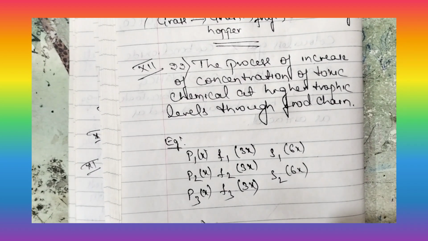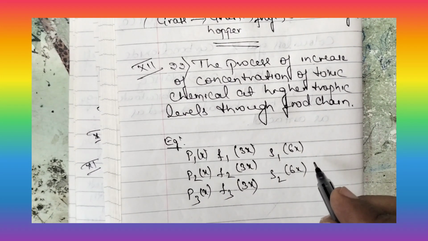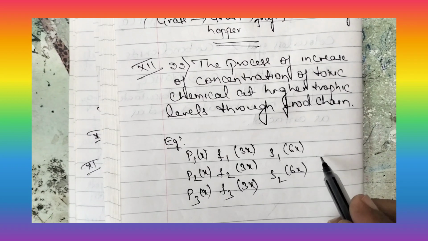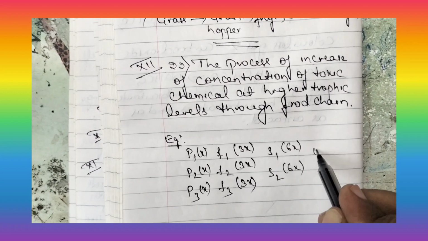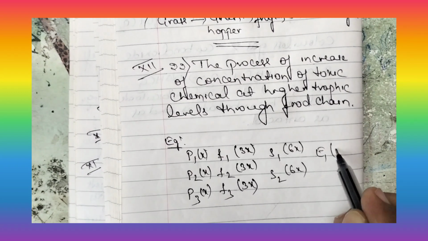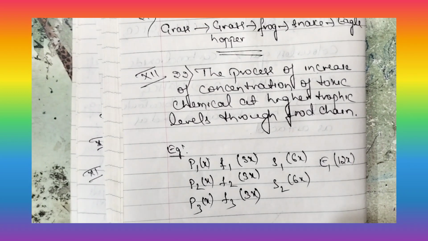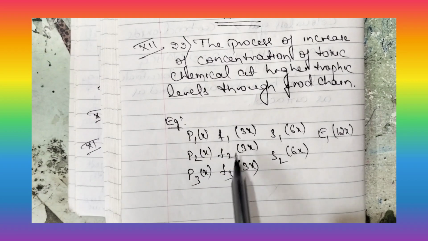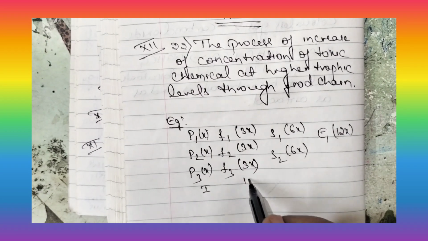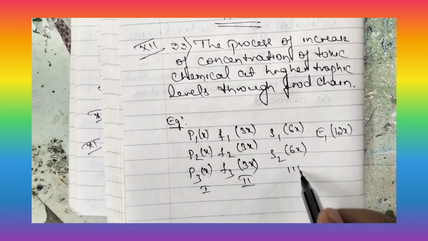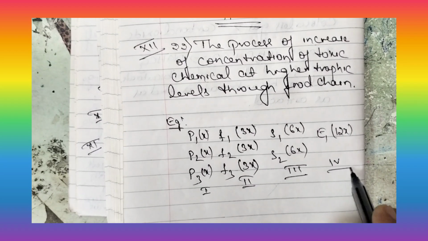So now as we see here, at each trophic level the concentration of toxic chemical increases, and these two snakes will be eaten by one eagle, and the quantity of DDT in eagle will be 12x. Like this, this is first trophic level, this is second trophic level, this is third trophic level, and this is fourth trophic level.